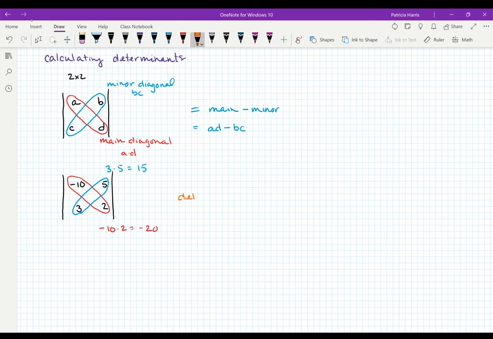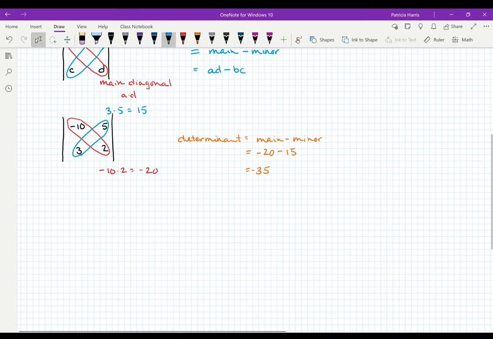Then our determinant is going to be the main minus the minor. Negative 35. And that's it, you're done. Okay, so let's try another one just to be on the safe side.